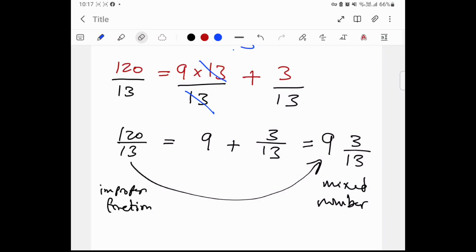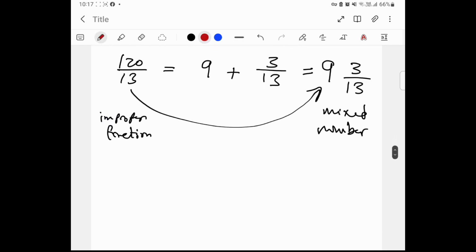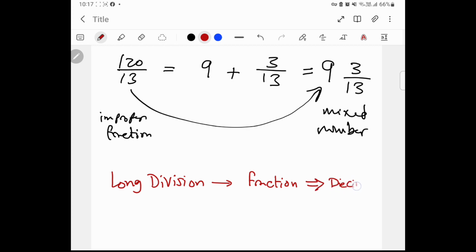So now long division can also be used in converting a fraction into decimal. So how do we do that?